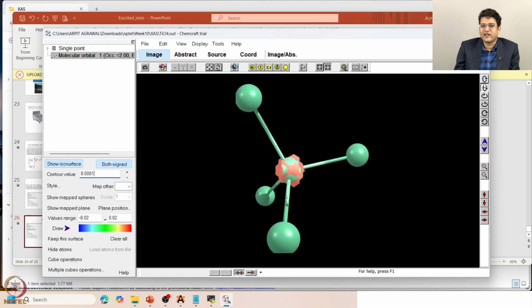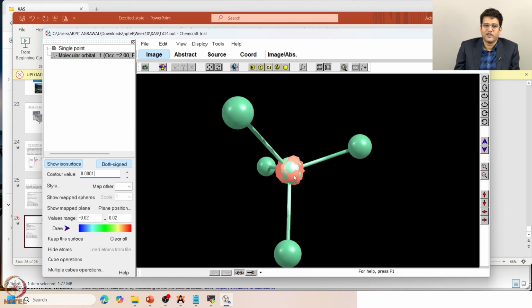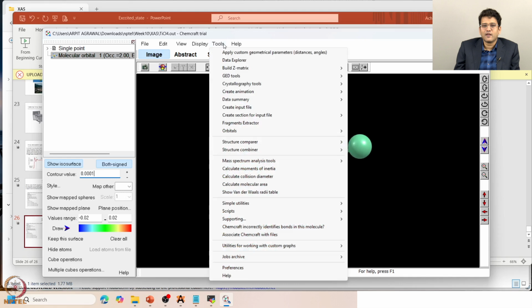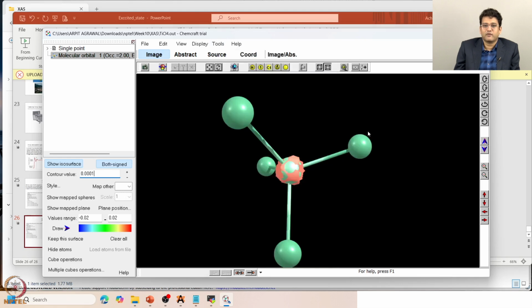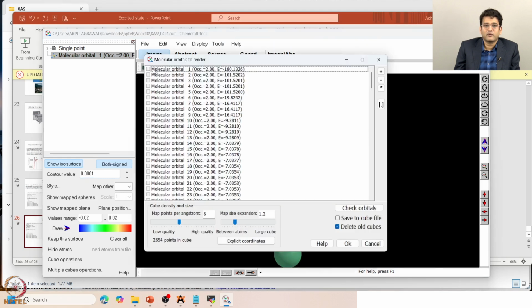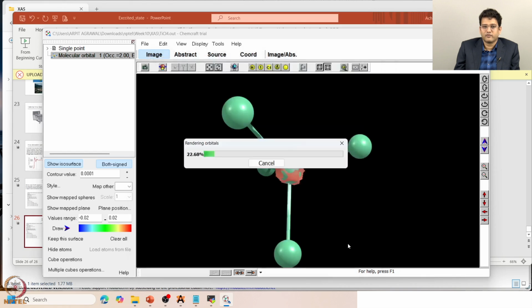Just see that this looks like an s orbital and is so tightly bound. So, that is what the orbital actually looks like. In addition to this, I should have done the 4 chlorine orbitals also, which are of very similar energy.